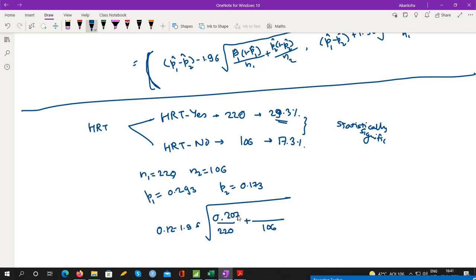Perhaps something like this. Am I right? Is anyone trying to compute? Yes, ma'am. 0.2071 something.